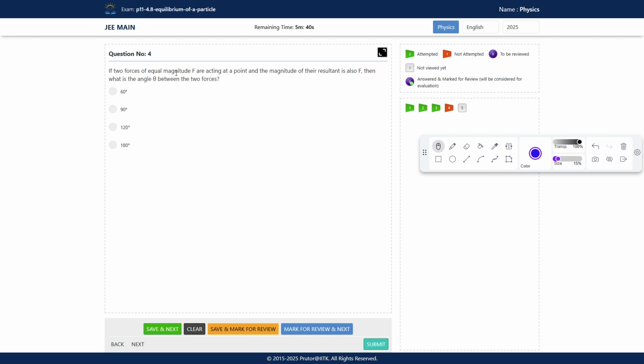If two forces of equal magnitude F are acting at a point and the magnitude of their resultant is also F, then what is the angle theta between the two forces? Options are 60 degree, B 90 degree, 120 degree and 180 degree. We know the formula of resultant force, R square is equal to F1 square plus F2 square plus 2F square cos theta.